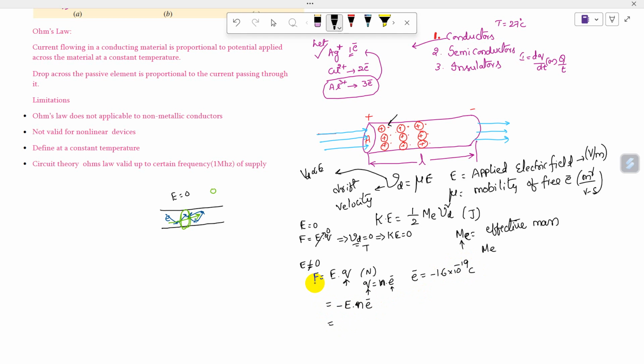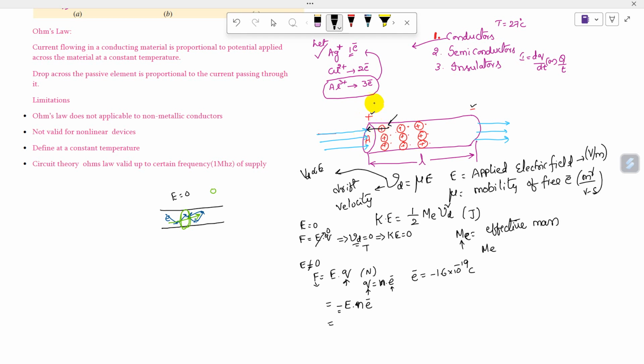If you observe, the force on the electron is represented with a negative symbol. What does it mean? If you apply the field like this with positive polarity here and negative here, the electrons definitely move in this direction, because this is the positive polarity and electrons have negative polarity, so they are attracted towards the positive plate.